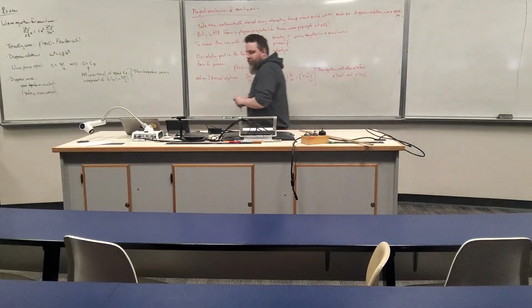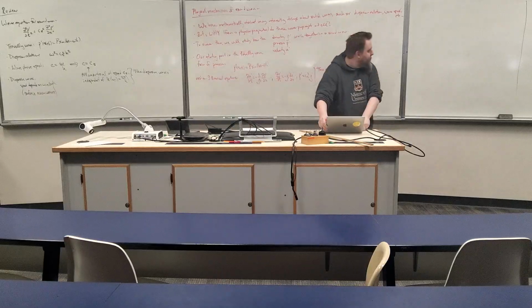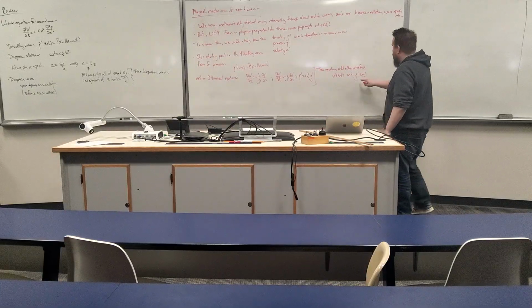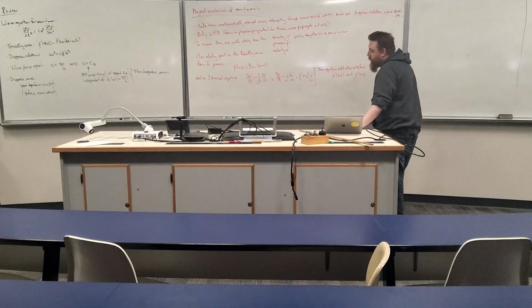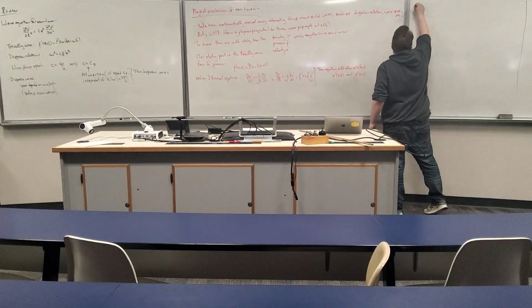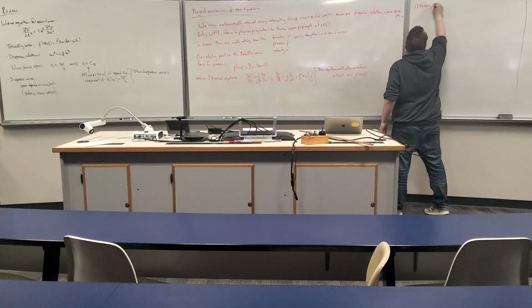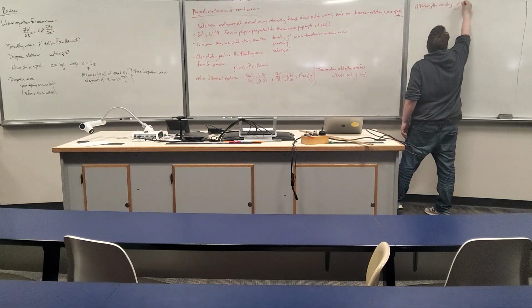Okay, so let's see, which one did I do first? So we're going to find these two other variables, density and velocity. Density is the easiest one. So we'll say one here, finding the density, rho prime of x and t.